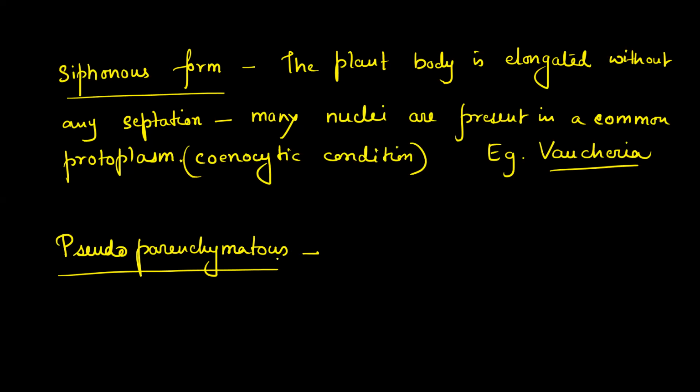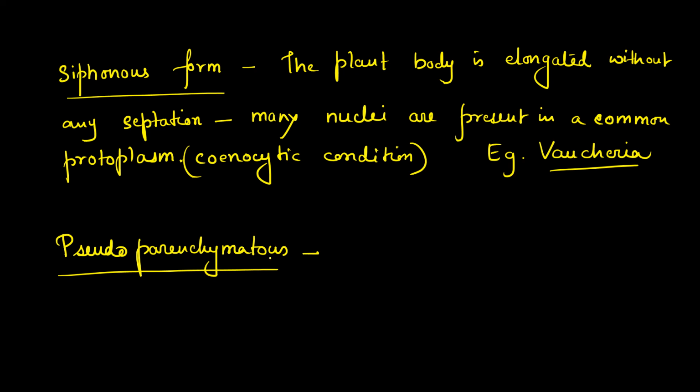We see close juxtaposition of branched system of a single main axial thread to form a thallus. What did I say? I repeat once again. Close juxtaposition. That means what? Close placement. They are closely placed.